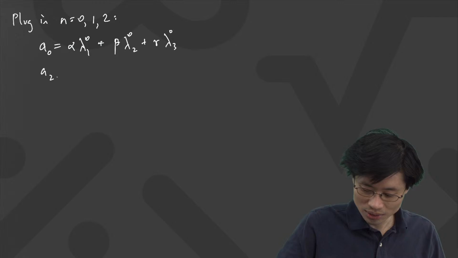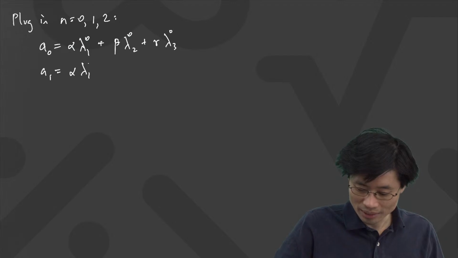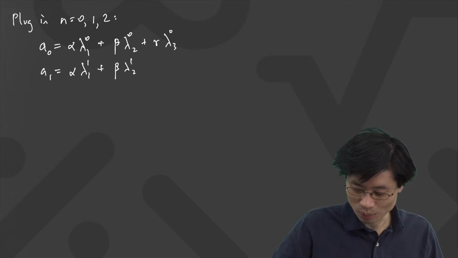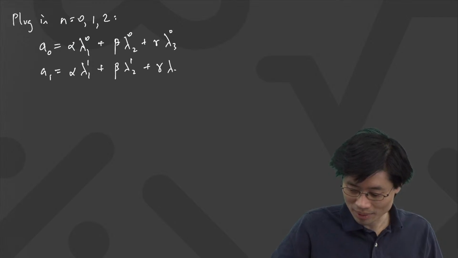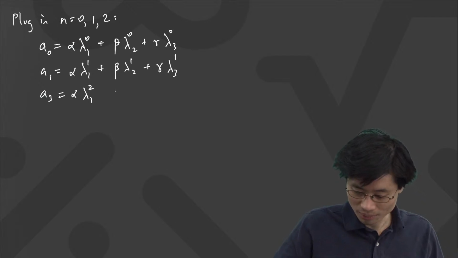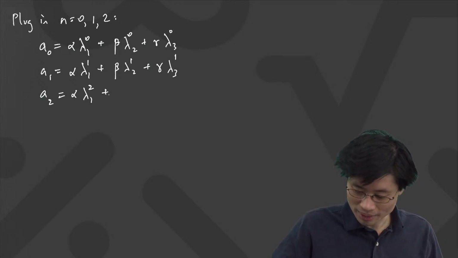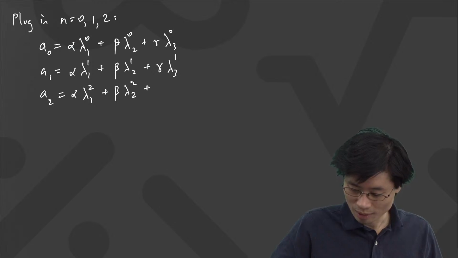I have A1 is equal to alpha times lambda 1 to the 1 plus beta times lambda 2 to the 1 plus gamma times lambda 3 to the 1. And A2 equals alpha times lambda 1 squared plus beta times lambda 2 squared plus gamma times lambda 3 squared.